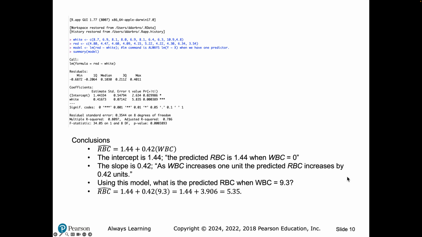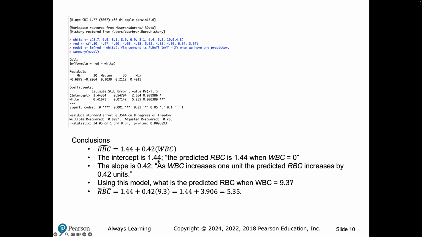All right, so for our model, we would conclude that red blood count can be predicted by taking 1.44, that value right here, plus 0.42, this value right here, times the white blood count. Notice I just replaced X with white blood count because that's what X is in this problem. The way I've set it up, I've replaced Y with red blood count because that's the way we set it up. We are predicting red from white.